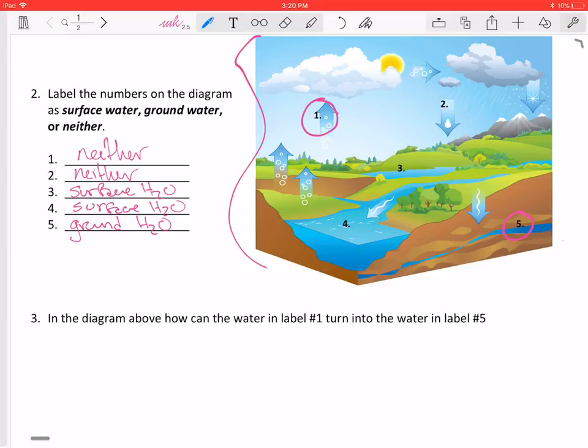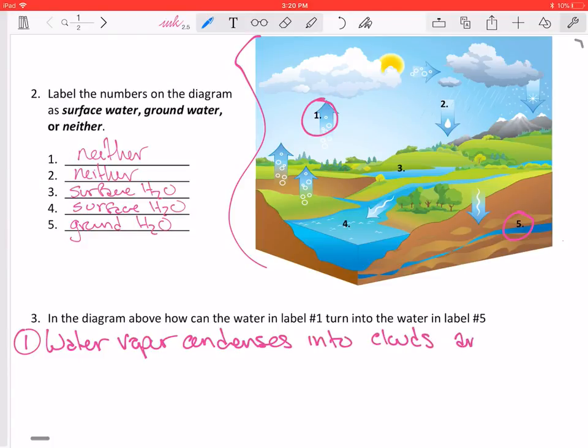So number 1 is water vapor. Water vapor condenses into clouds, and then it will precipitate. Remember our term precipitate, so you could have said it will rain or snow.